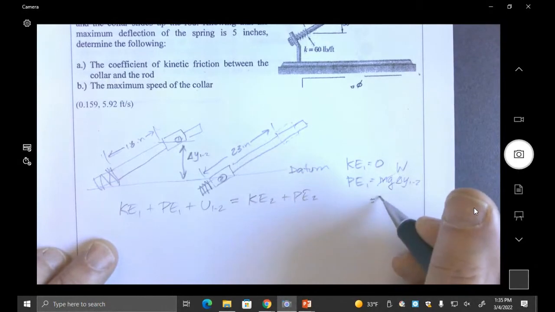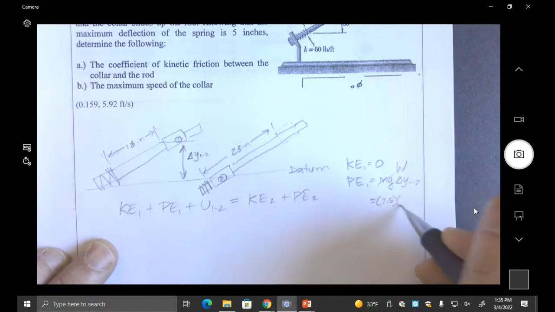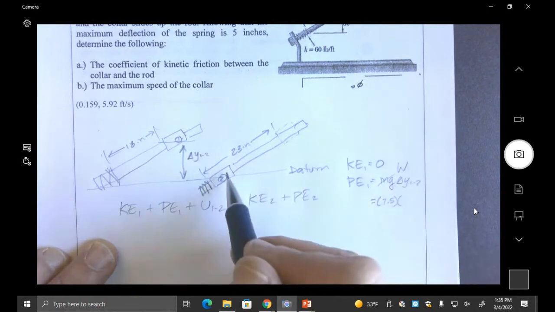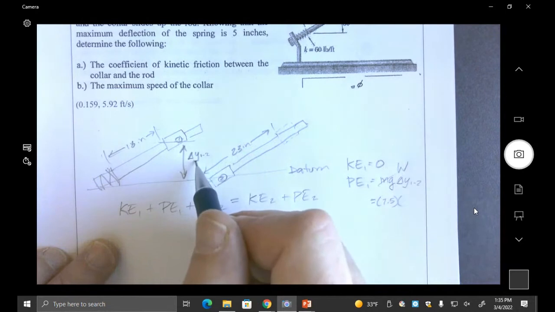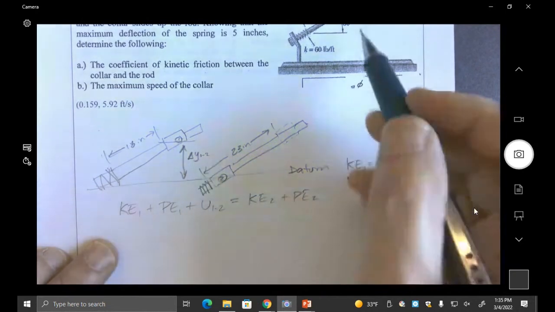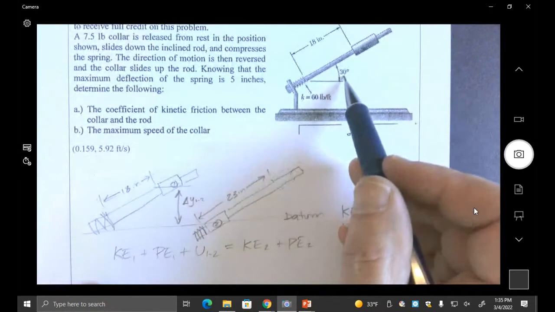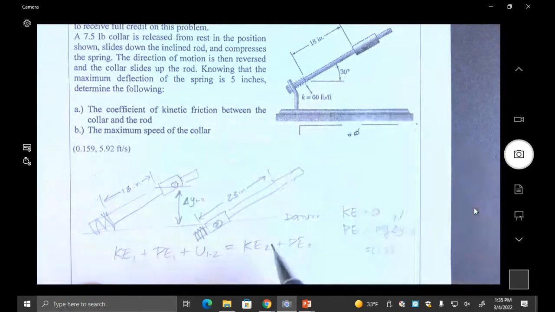So he is 7.5. And over to the side, maybe somewhere, I would say, well, he's moving 23 inches, but his delta y is going to be that distance times the sine of 30.